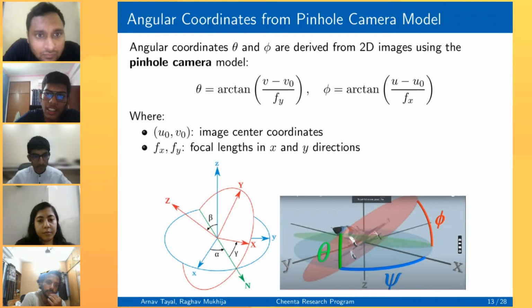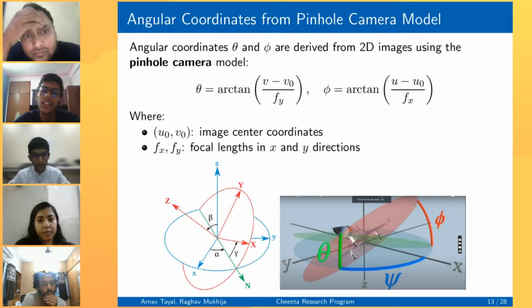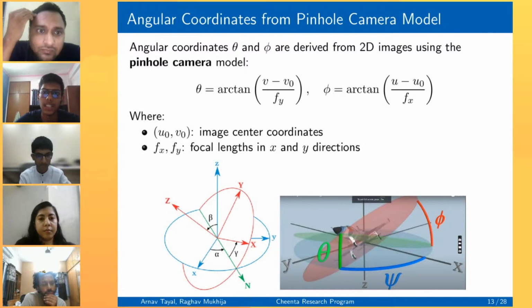After that, we infer the angular coordinates. As you can see in the picture of the aeroplane model, theta, phi, and psi are the Euler angles that are used to understand any rotation. Psi is the angle sidewards, theta vertically, and phi sideways.